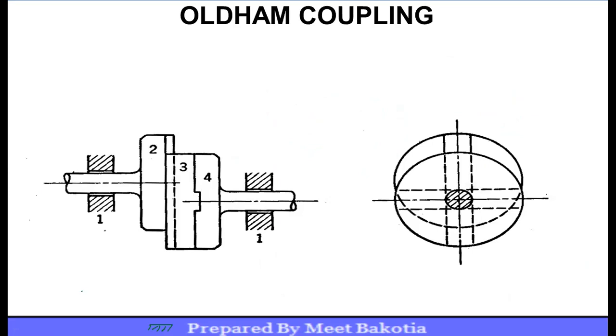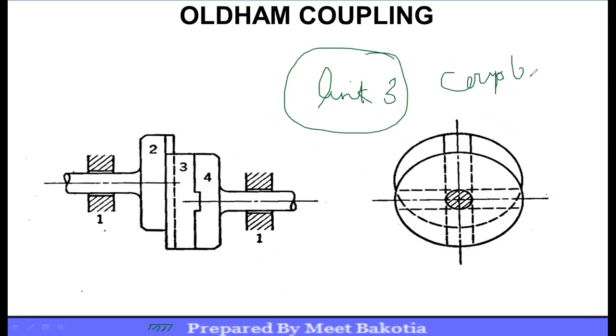Let's move ahead to the last inversion of the double slider crank chain, which is Oldham's coupling. This is the third inversion. Now see why this is an inversion. Link 3, our coupler or connecting rod, we have fixed.